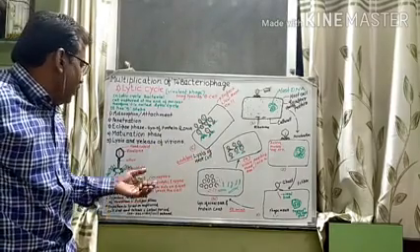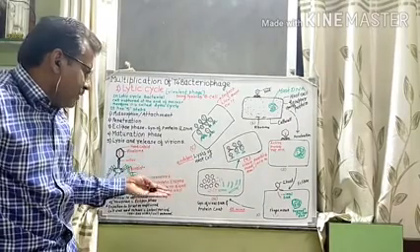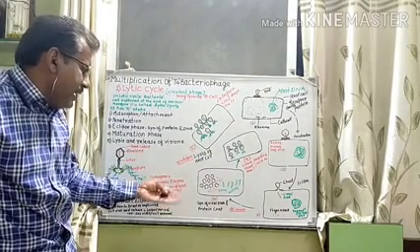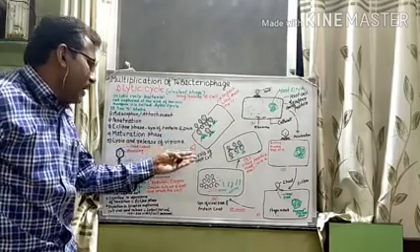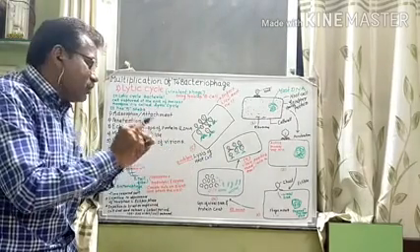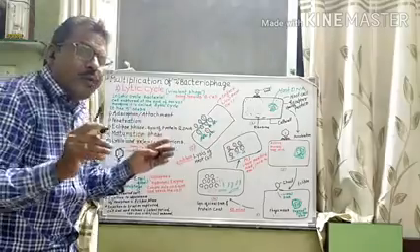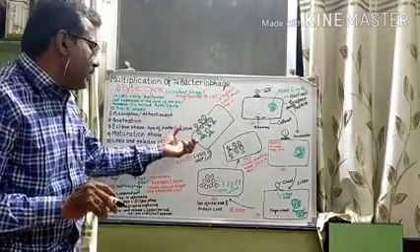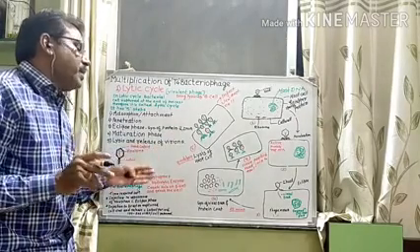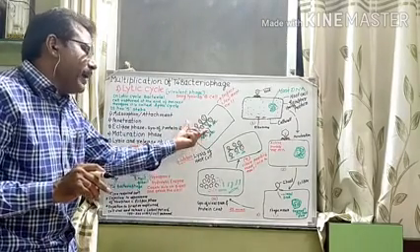Then after the synthesis of viral DNA and protein, there is a maturation phase where the head and tails are joined and form new fresh bacteriophages, and after that a huge number of bacteriophages are formed.